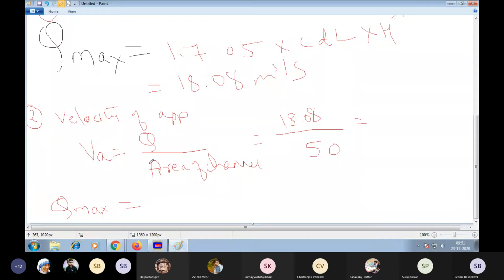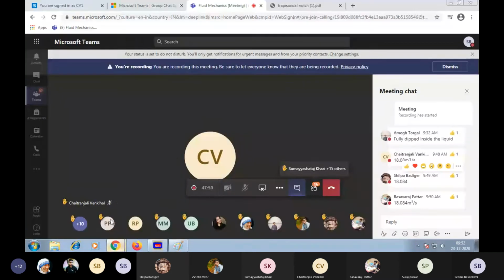So what is the value of VA? 0.36 meter per second. All of you got the same answer for velocity of approach?